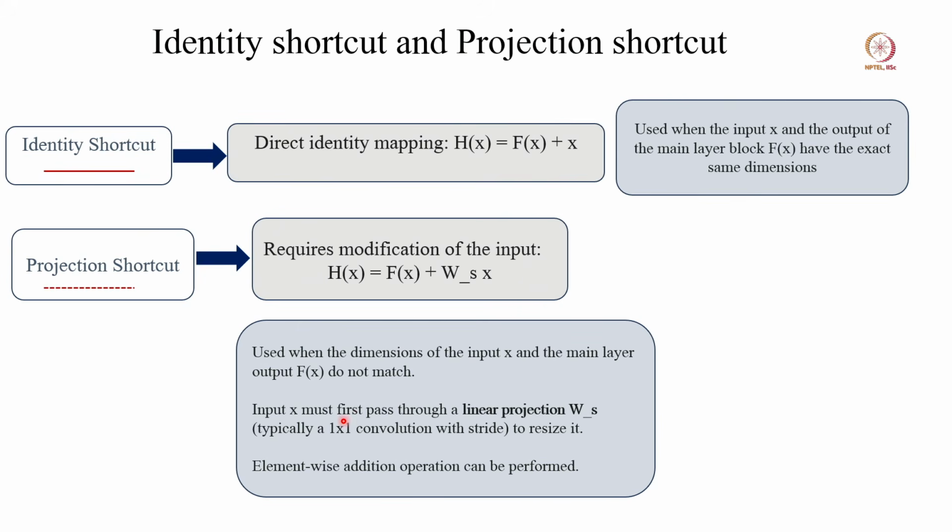In that case, input x must first pass through a linear projection, typically a 1 cross 1 convolution with a stride to resize it. So, x will go through a 1 cross 1 convolution and then it will be resized, and due to this operation we will be able to do an element wise addition after the skip connections.